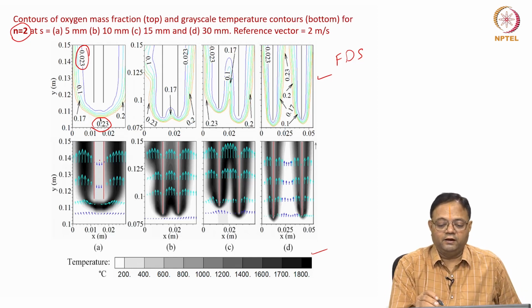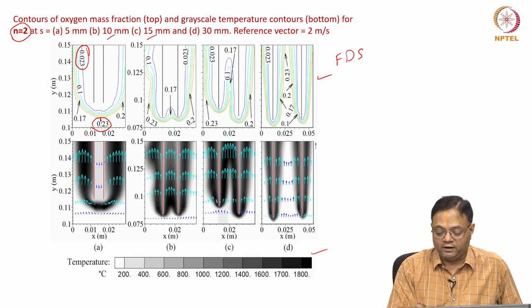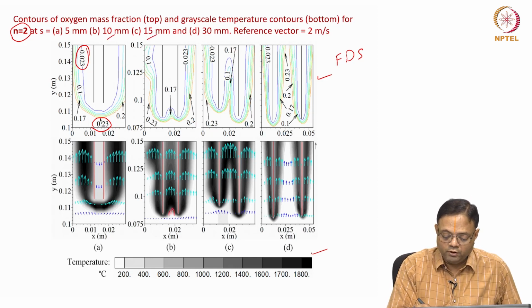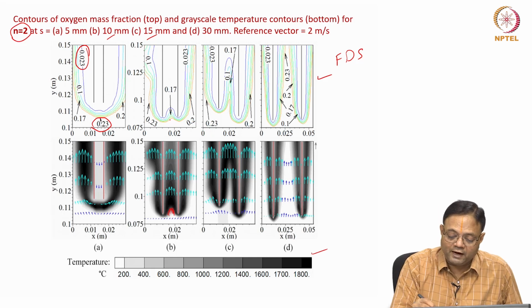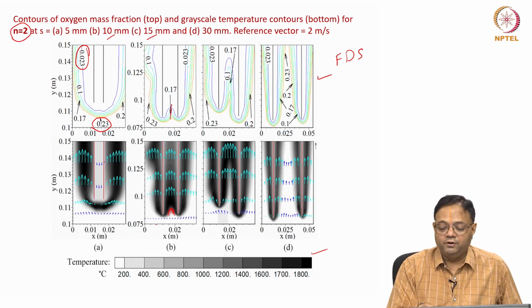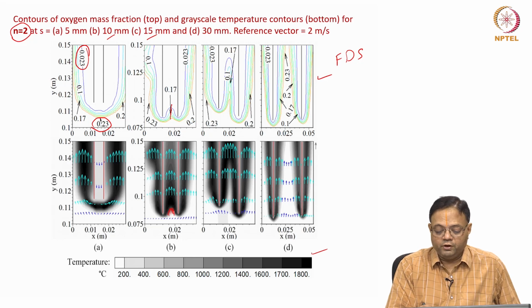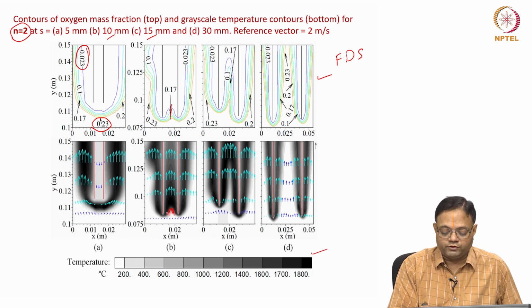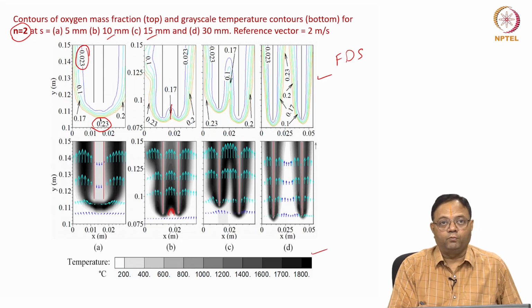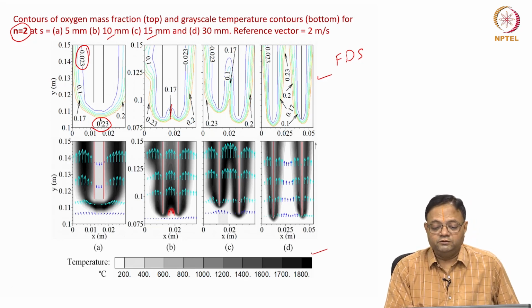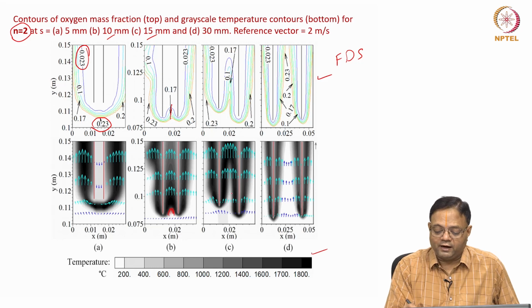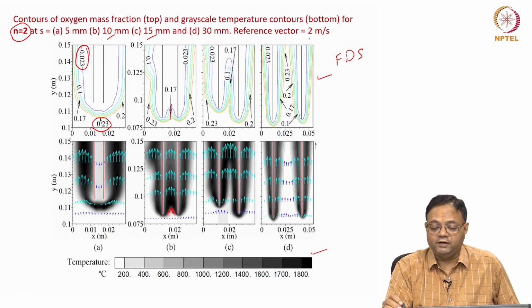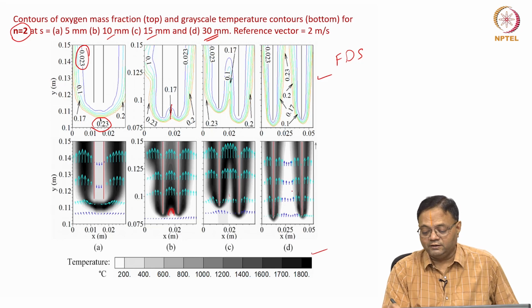When you increase the separation distance to say 10, 15 etc., slowly you can see that oxygen slightly penetrates in between the gaps, and the merged flame comes, that is, the flame occurring over one of the sheets is also interfering with the second flame which is formed over the next sheet. But when the separation distance increases, the interaction reduces, and at 30 you can see that the interaction completely vanishes.